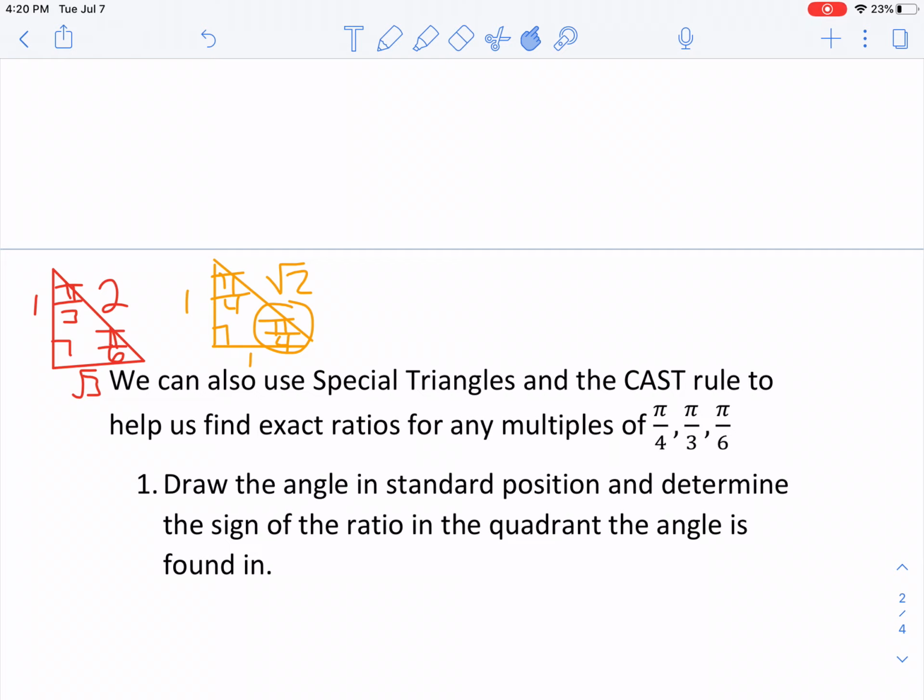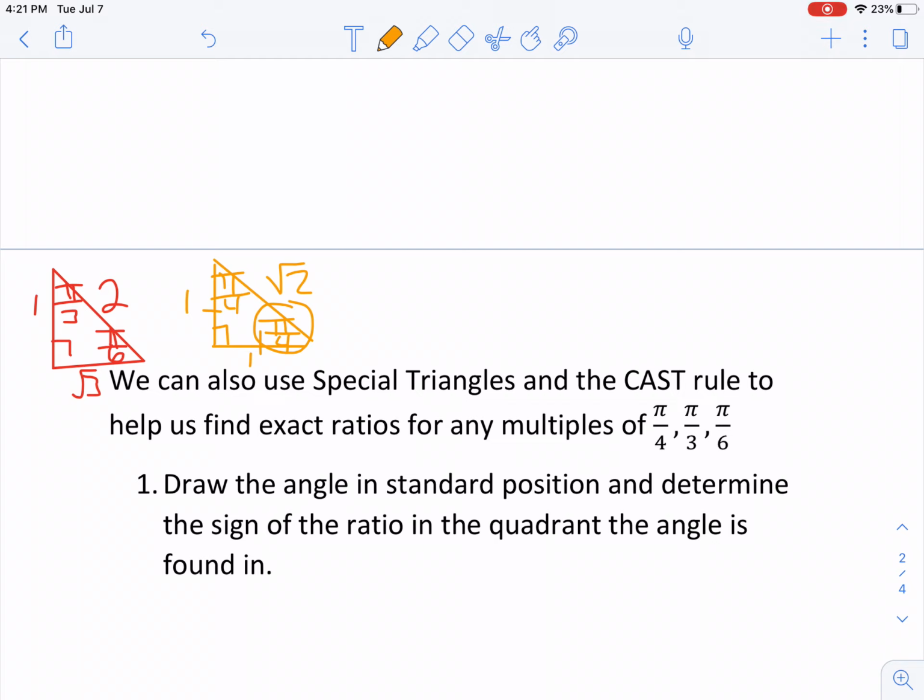Just to review how to use those, you have your 45, 45, 90, or pi by 4, pi by 4, pi by 2 triangle, which has side lengths 1, 1, root 2, and it is isosceles, so two of the sides are the same length. And you have your pi by 6, pi by 3, pi by 2 triangle, which has side lengths 1, root 3, and 2.